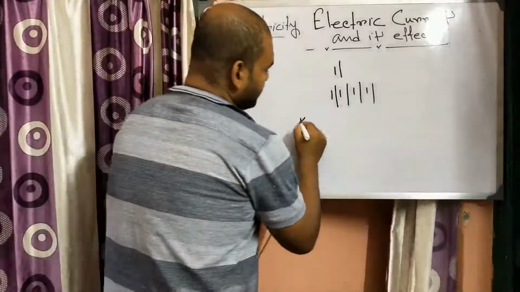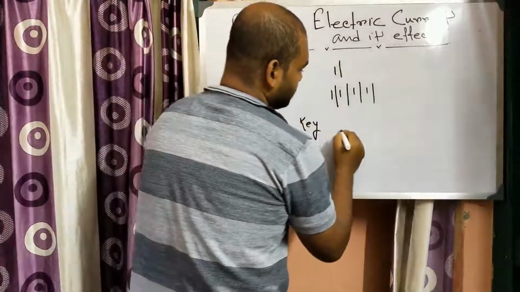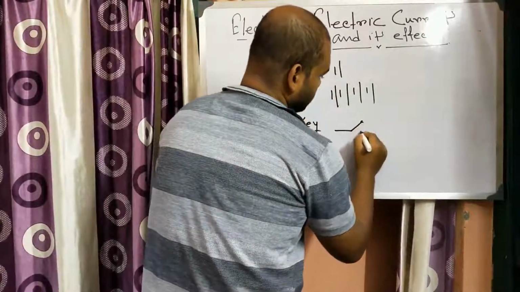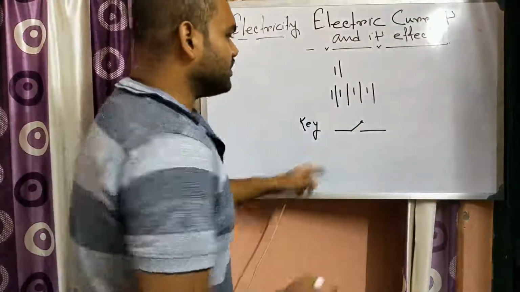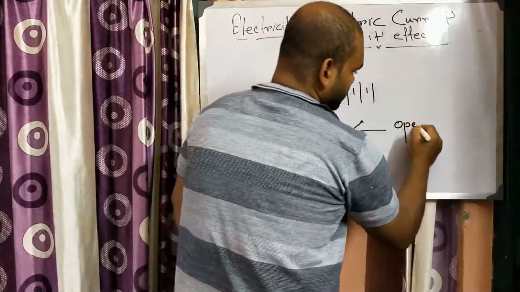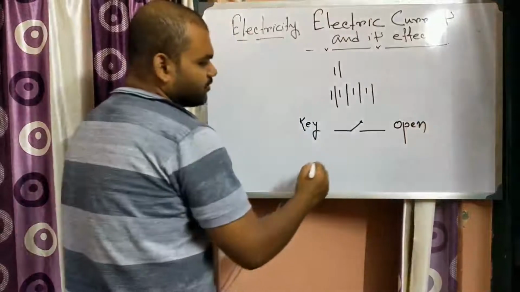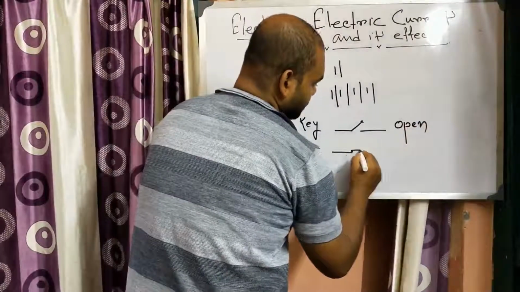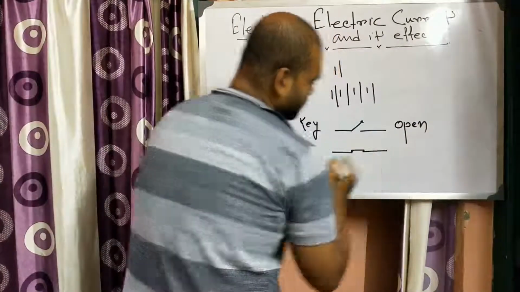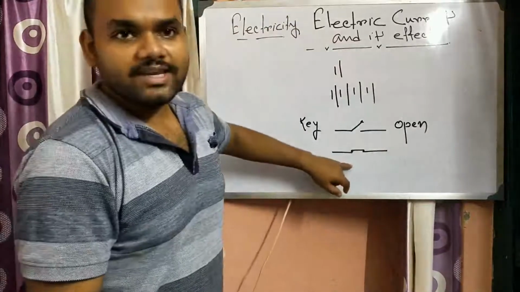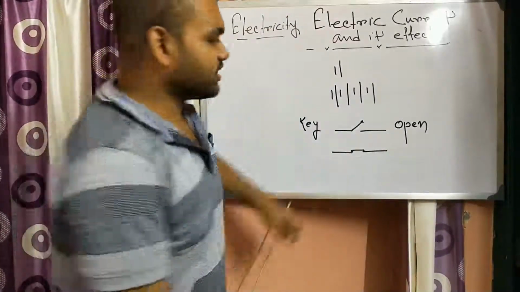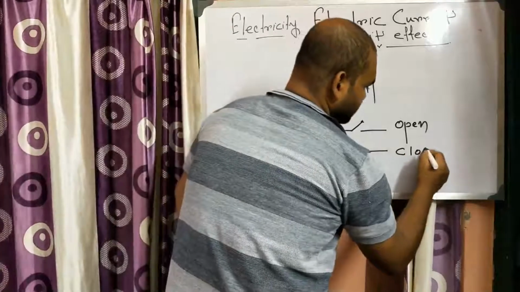The symbol of a key is like this. This is an open key, and in case of a closed key, the symbol is like this.